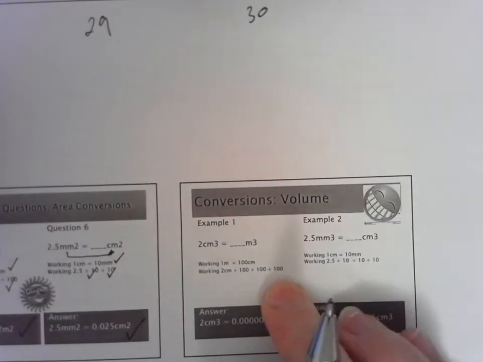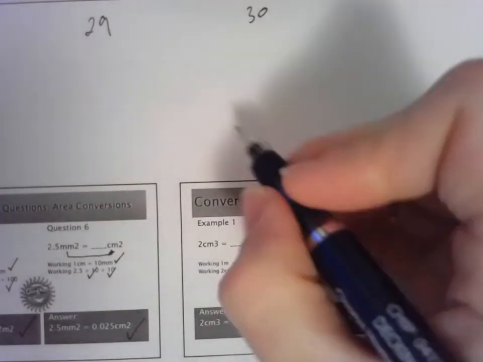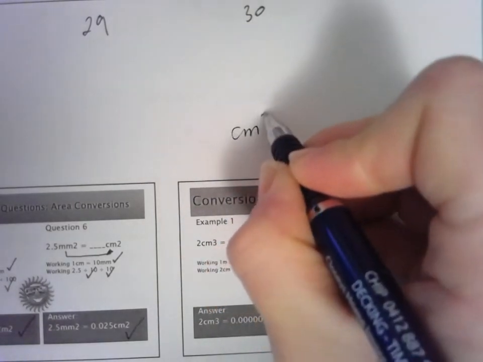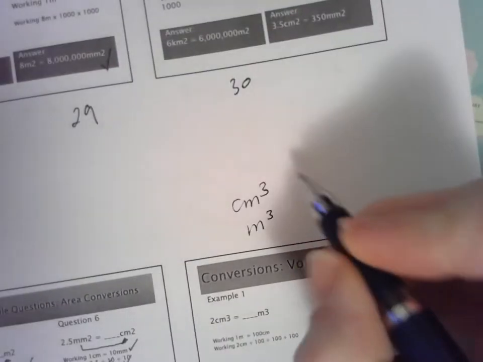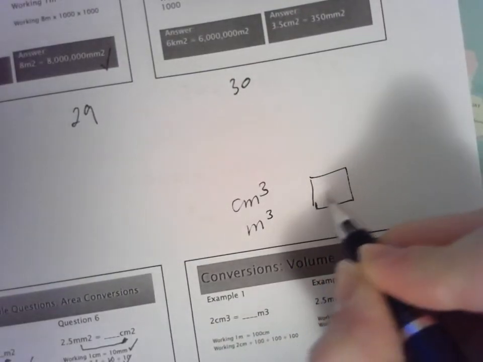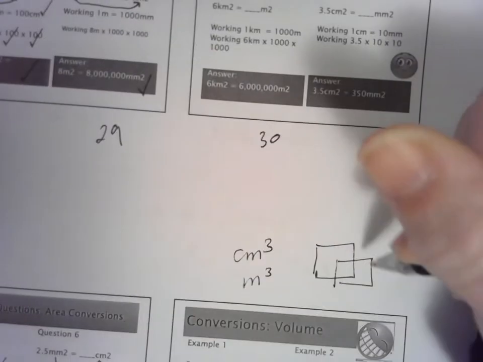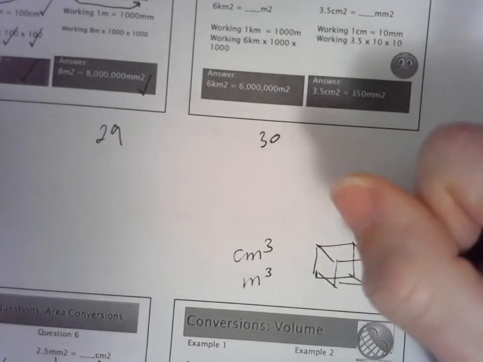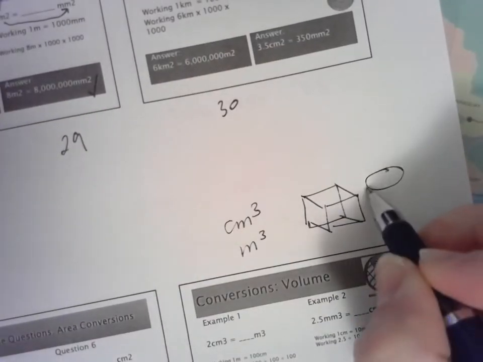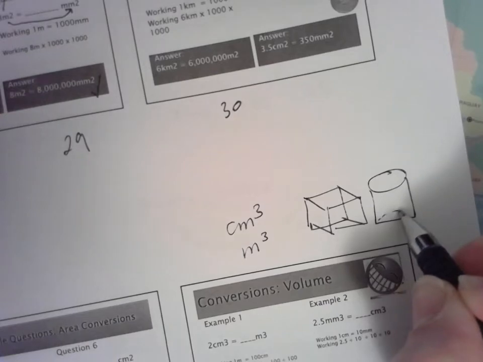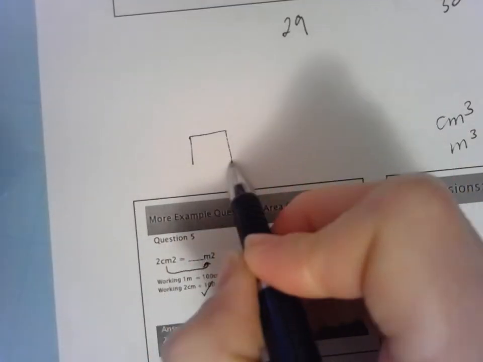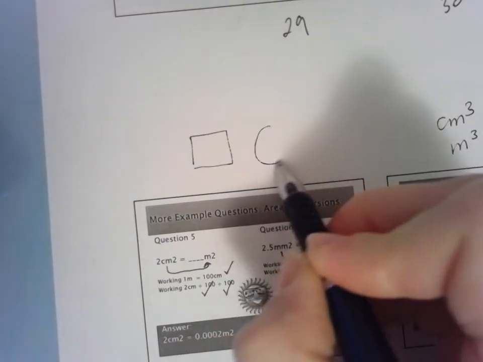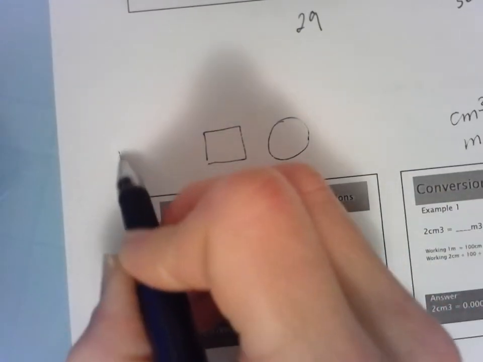Alright, good. Now we're going to see some cubic conversions. Cubic is things like centimeters cubed and meters cubed, and that's when we are talking about our 3D shapes. In year 8 it is our rectangular prisms or our cylinders when we have found the volume of those, whereas our 2D shapes are just things like a square or a circle or a 2D rectangle.